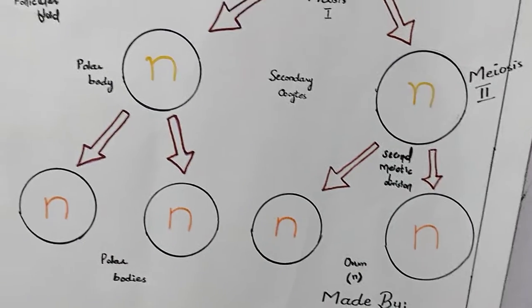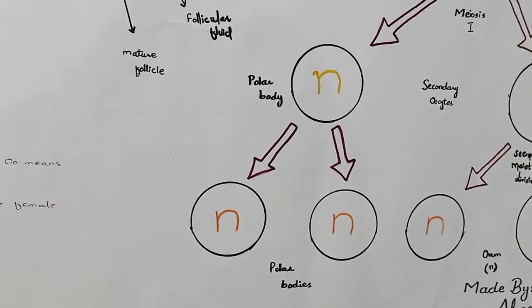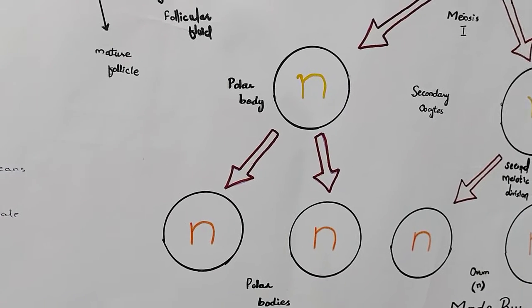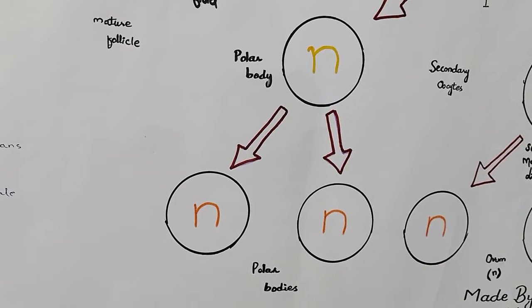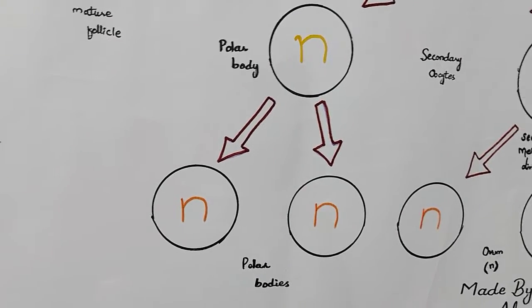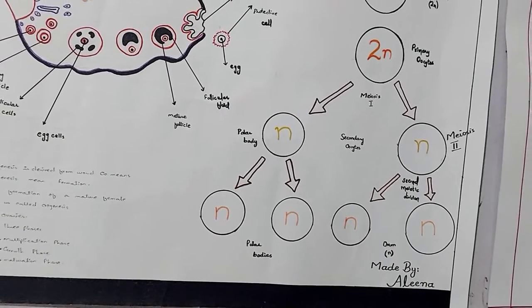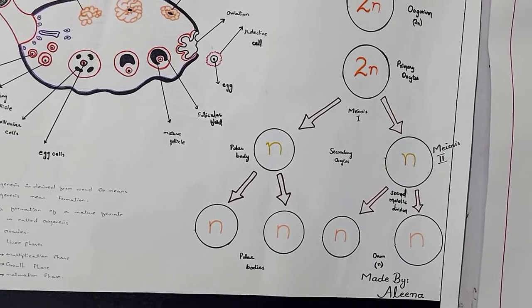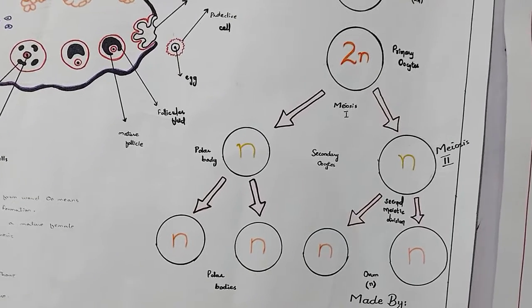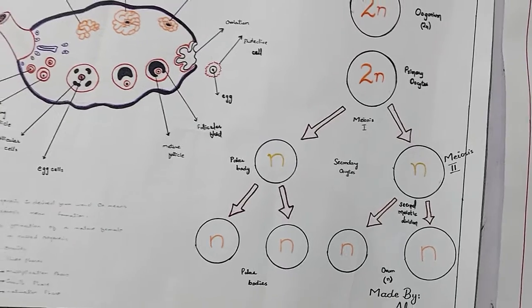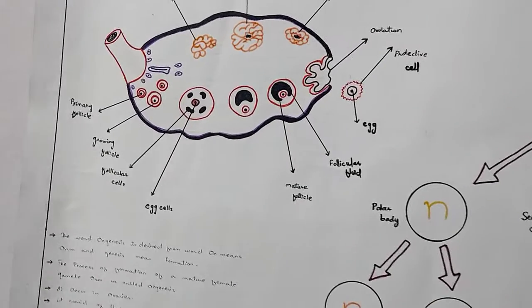Is it clear? And the first polar body also undergoes the second meiotic division and forms two further polar bodies. So as a result of oogenesis, you can see three polar bodies are produced with one ovum or egg. This is the mechanism of oogenesis, which occurs in the ovaries of the female.